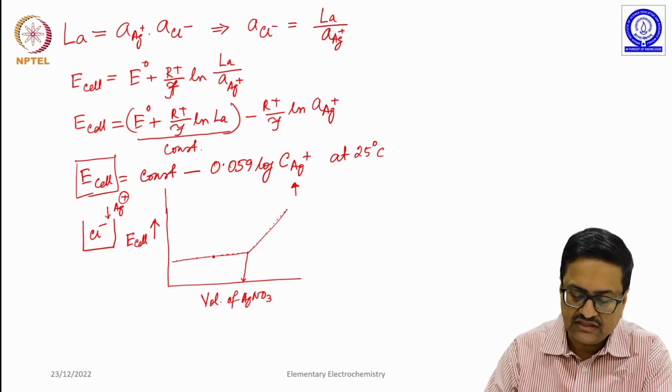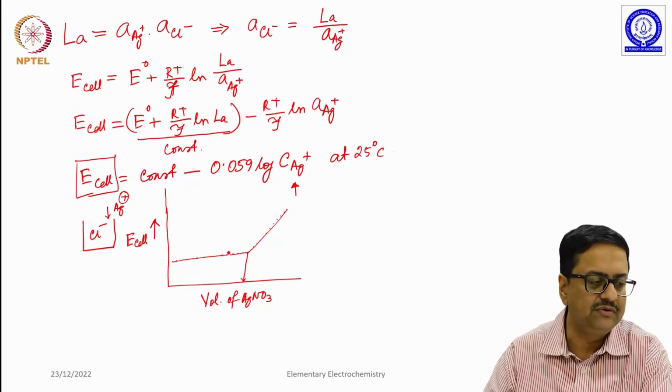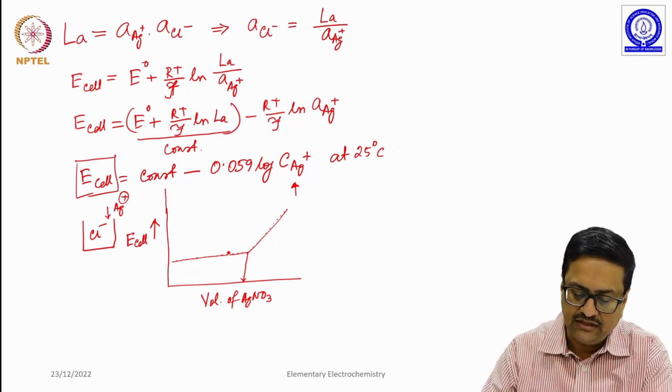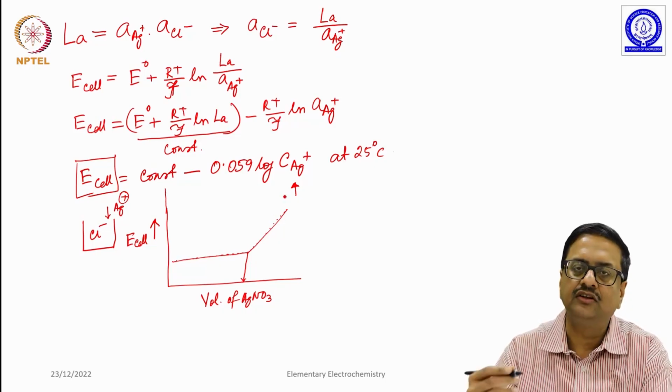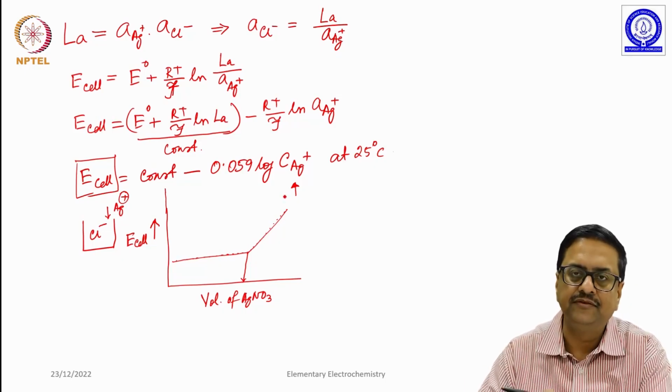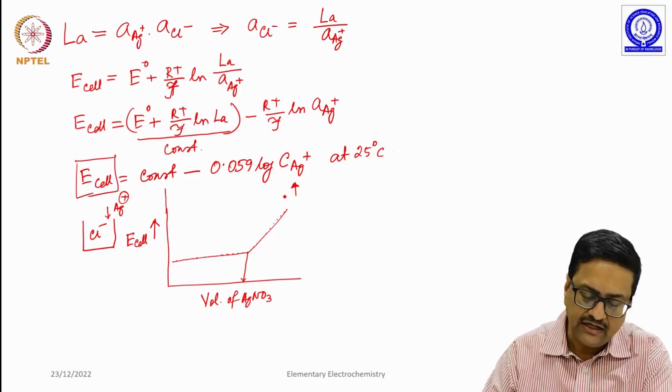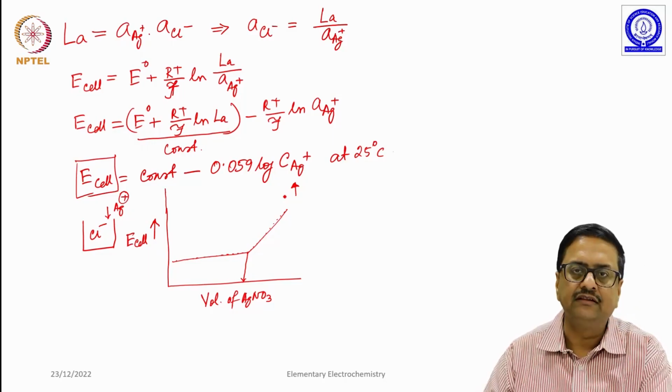So, we will have to measure a number of points during this range when it is slowly precipitating the chloride, and then after precipitation we should continue the titration for around 10-15 readings, and we will end up getting a plot like this.